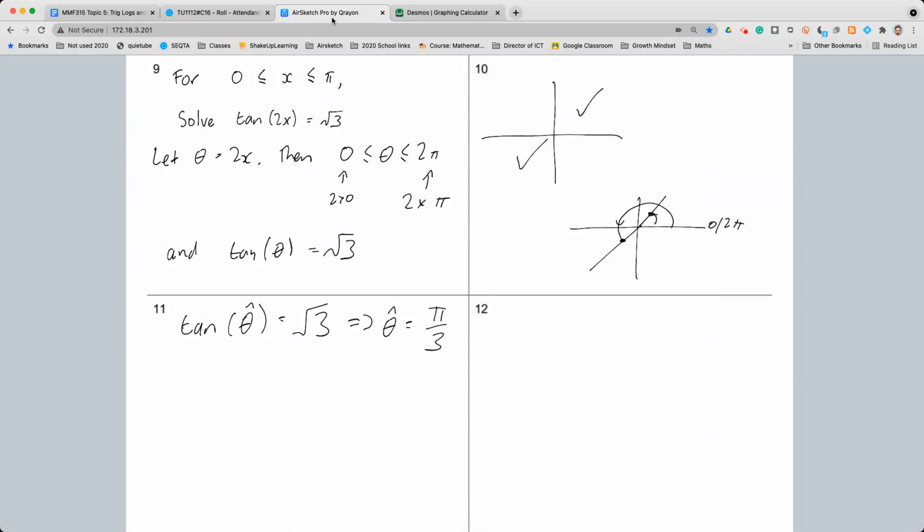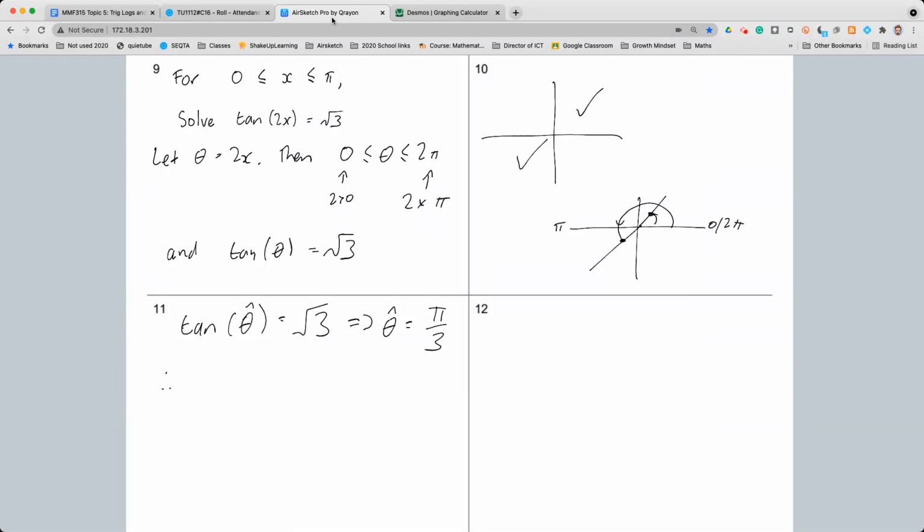Notice that almost always, you'll get one of those exact values. So theta hat is equal to pi on 3, and that's one of my positions, or pi plus theta hat would be my second one, because that's pi there.